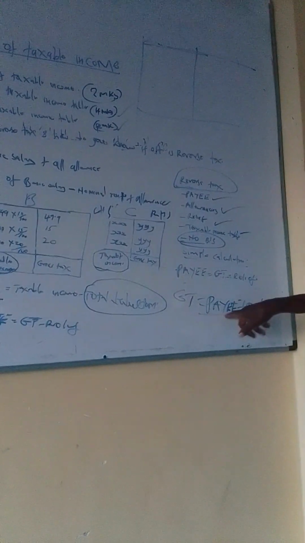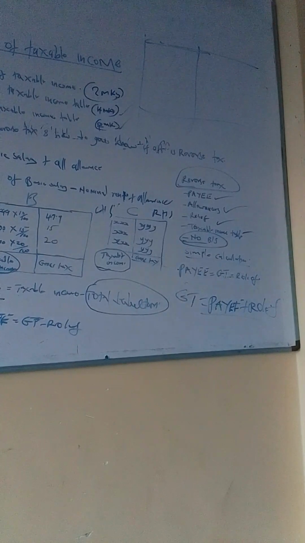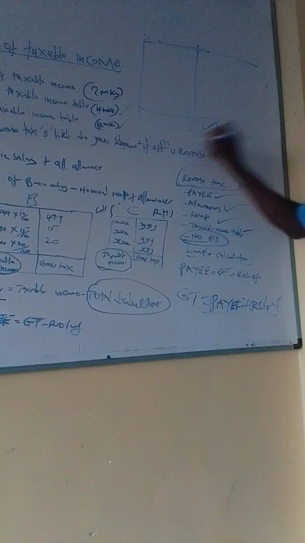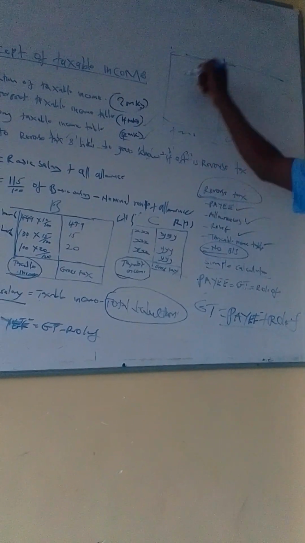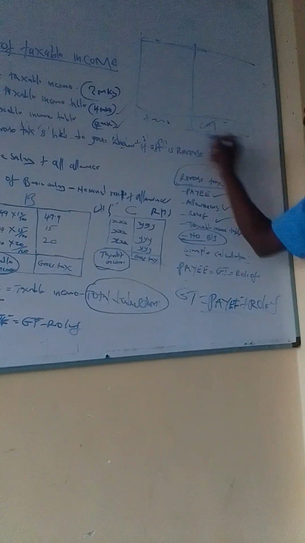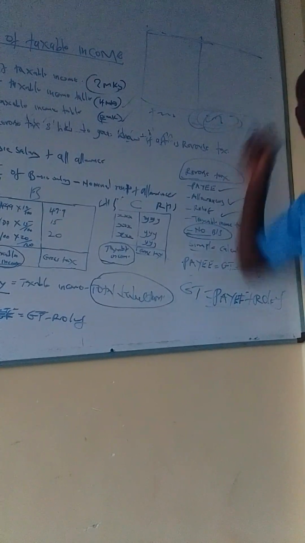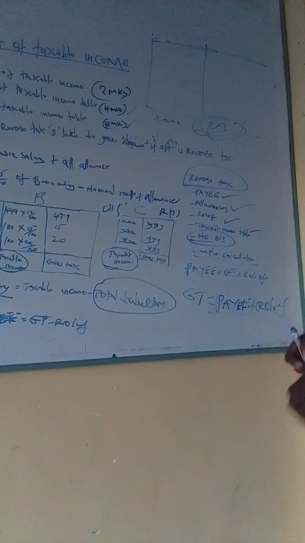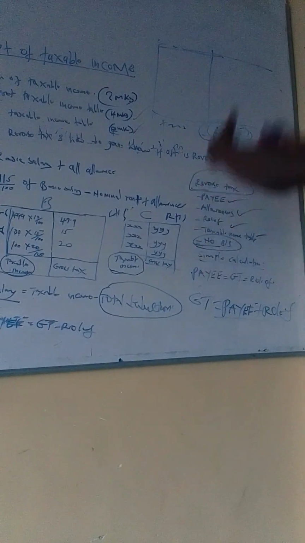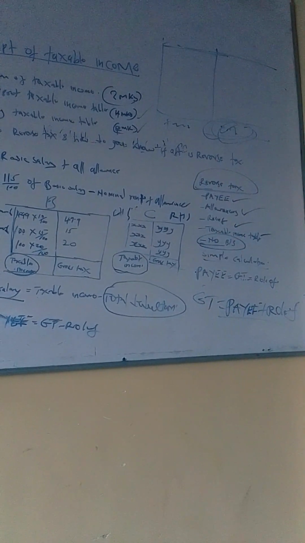So this is the starting point for reverse. Then you know here is gross tax and here the taxable income, and you have the table, so you tax, and it should not exceed this one. So you will see that things are flowing the way you want, and you will score 10 marks easily.